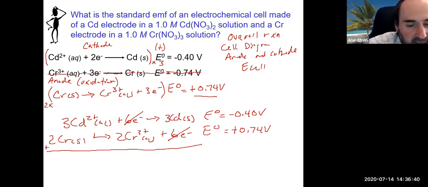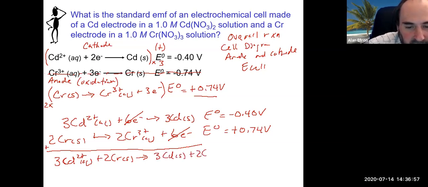redox reaction. Everything on the left stays on the left. So we have 3Cd2+ plus 2Cr solid goes to 3 cadmium plus 2 of the chromium with a plus 3 charge.